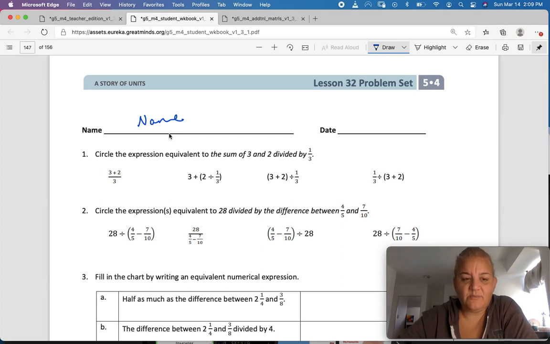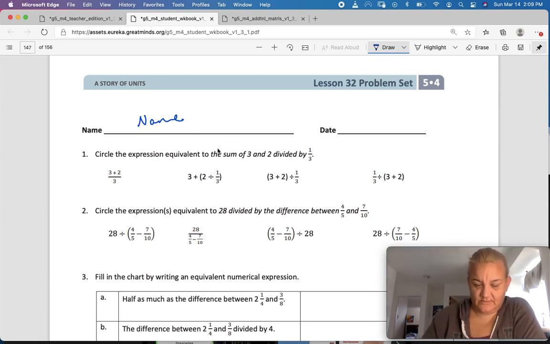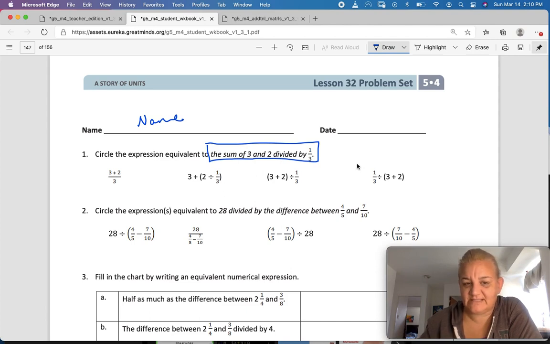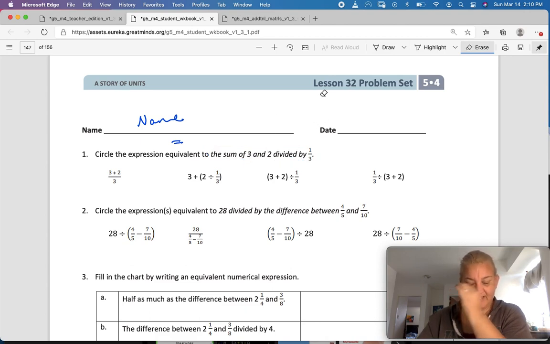Number 1, circle the expression equivalent to, and here they put it in italics, right? Italics means when the letters are bent slightly. This is the problem that they've given us in English, and we have to decide which one of these expressions is equivalent, meaning equal to, this. So the sum of 3 and 2.